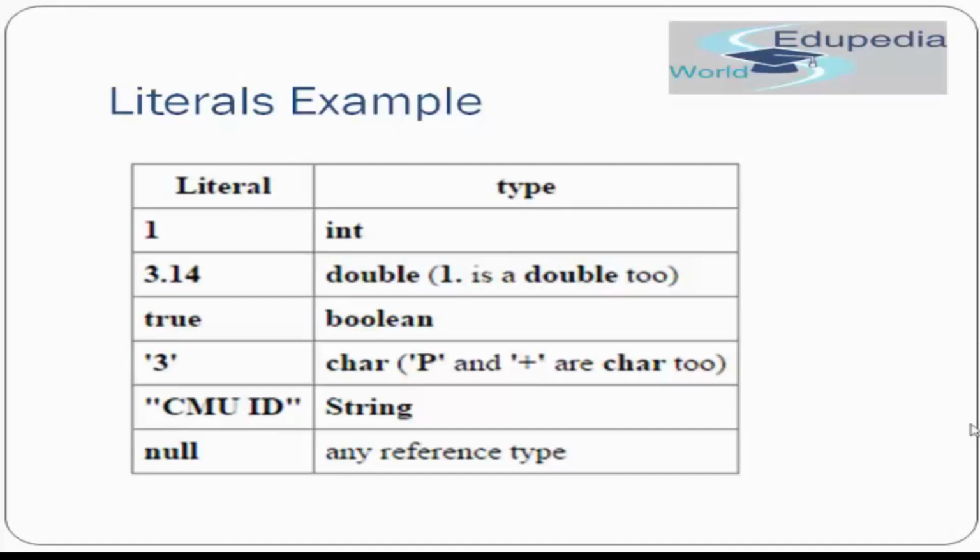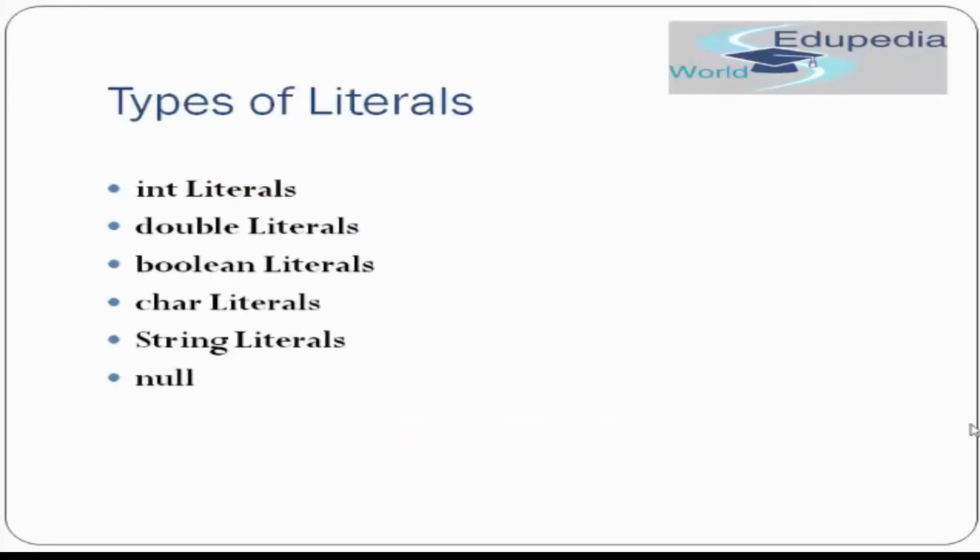So now let's study all these types of literals. We have about 6 types of literals: int, double, boolean, char, string, and null. So these are the categories. Now let's see each one of them one by one.